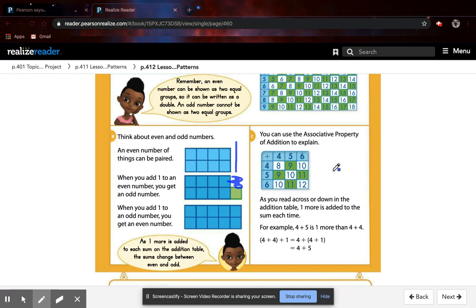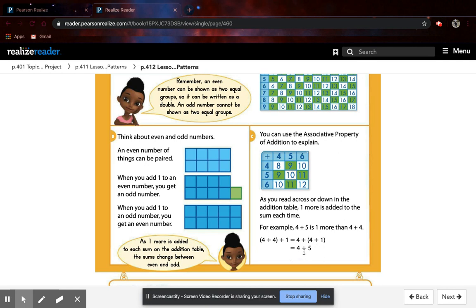That's your choice. Now focusing on box C, it says you can use the associative property of addition to explain. As you read across or down in the addition table, one more is added to the sum each time. For example, 4 plus 5 is one more than 4 plus 4. They're showing you here that 4 plus 4, plus one more, is the same as 4 plus 4 plus 1.